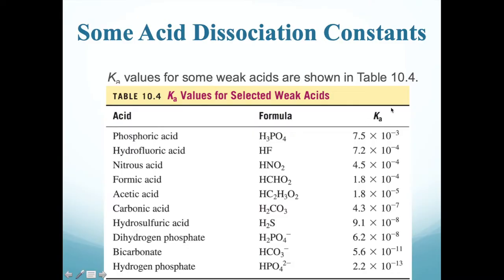By the way, if you wanted an example of a Ka value for a strong acid, and why we don't treat them as equilibria or bother calculating Ka values: the Ka value for hydrochloric acid is somewhere in the ballpark of 10 to the power of 7, that's 10 million. For sulfuric acid it is 10 to the power of 9, that's a billion, basically.